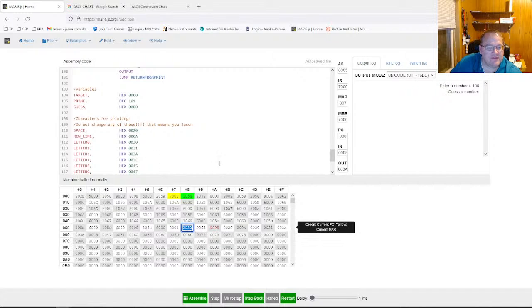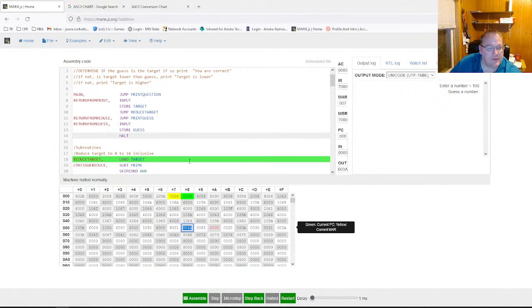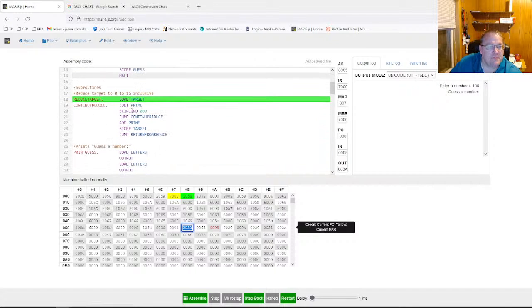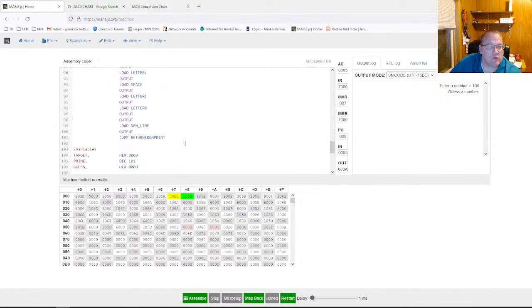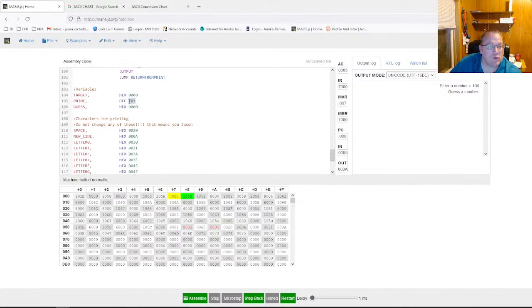So how did this get derived again? We look back here. We subtracted the prime. And so what was our prime number? Our prime number was 101, oh no, that's in decimal. So 101 decimal. Now that is a prime, so that's good.